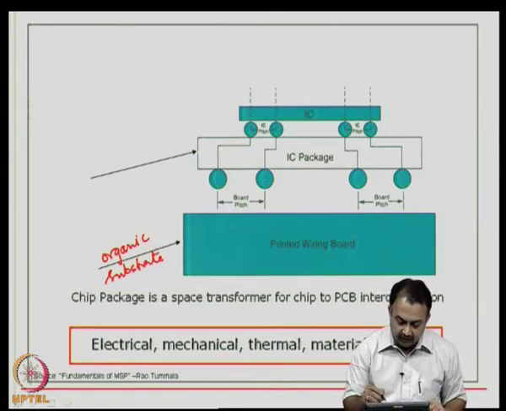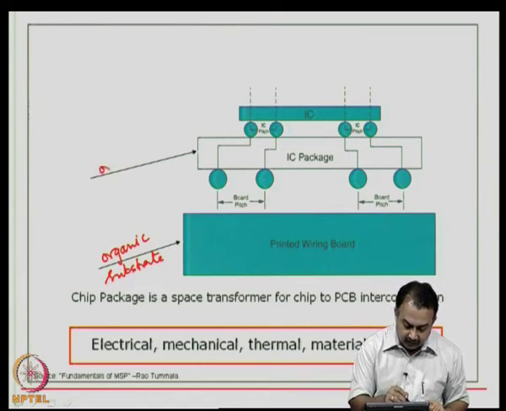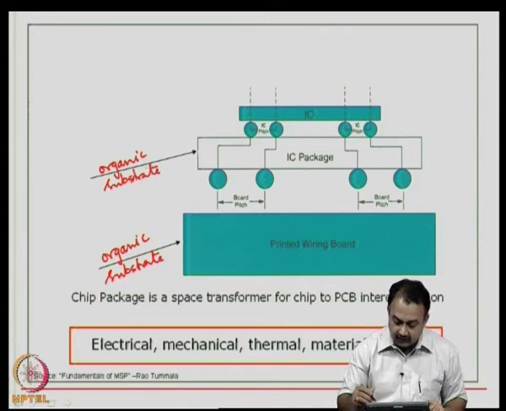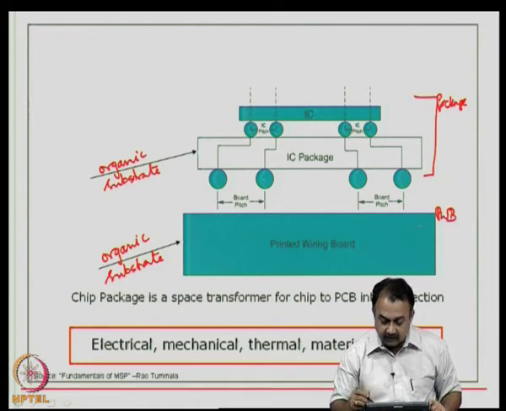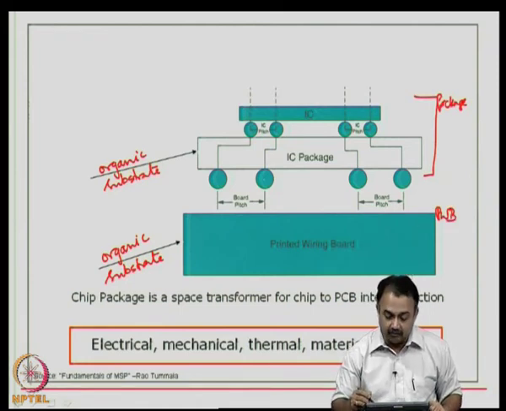Then you have again an organic substrate that could be used as a substrate material in the package. So, this part of it is known as the package, and this is your PWB, and this is the space transformation that you are talking about.